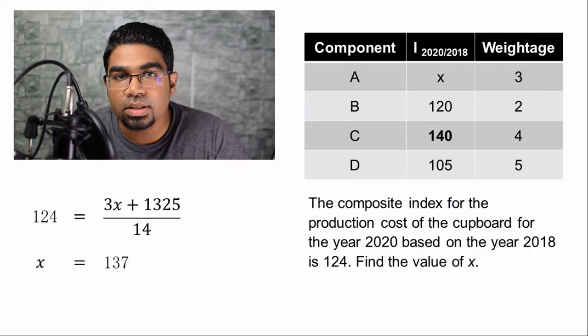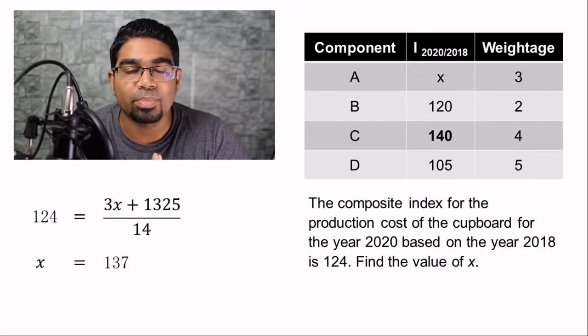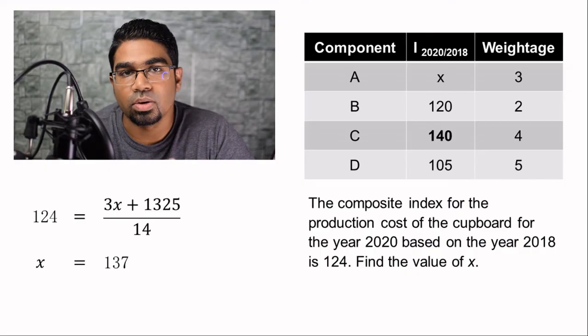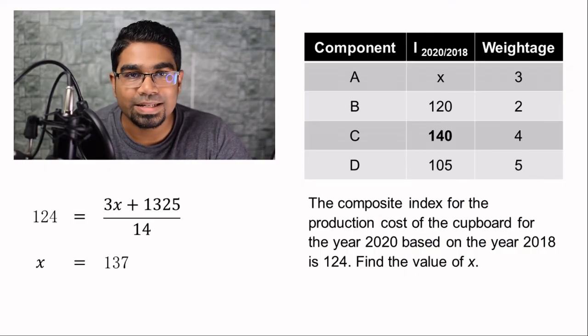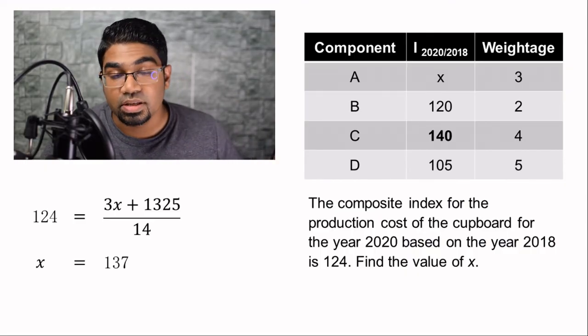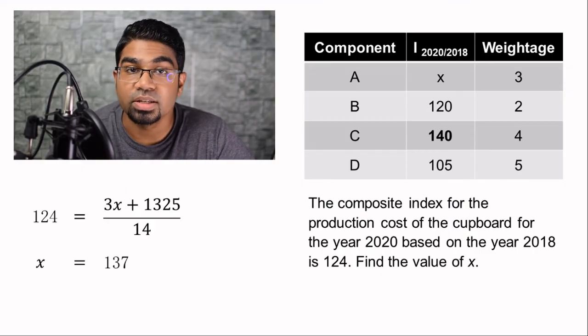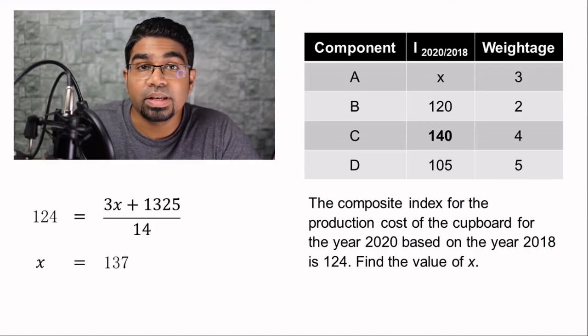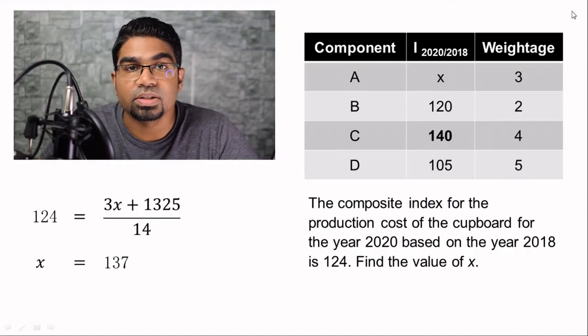Let's just pause for a second and talk about what price indices actually mean. Price indices will tell us whether a price has gone up or gone down in a certain year based on a previous year. We can also tell how much it has gone up or gone down based on the index. So if the value of index is greater than 100, that means the price has gone up.